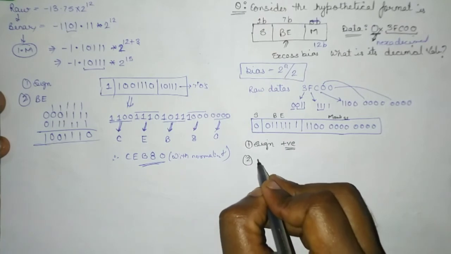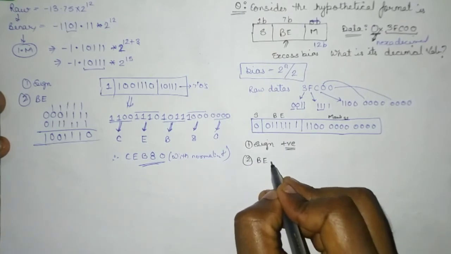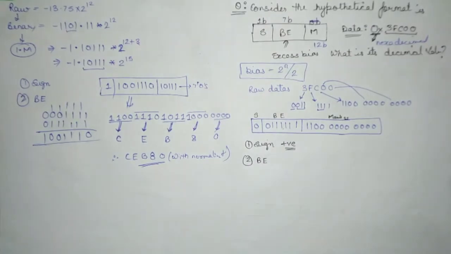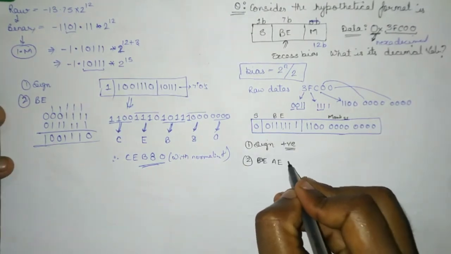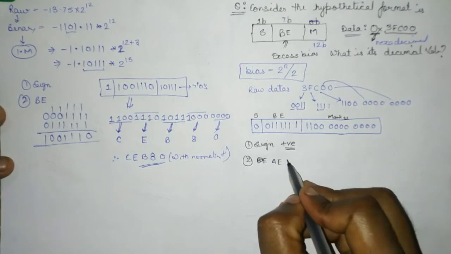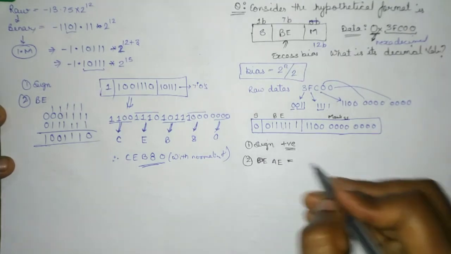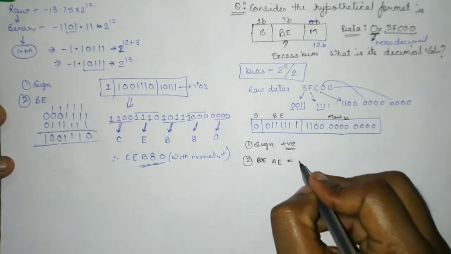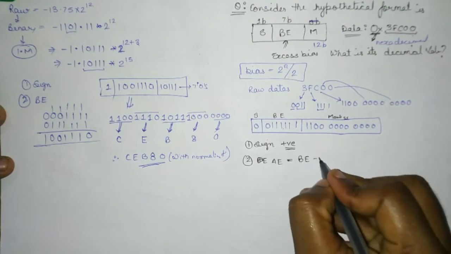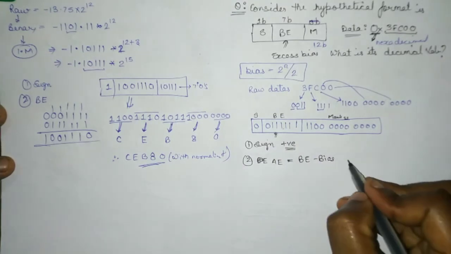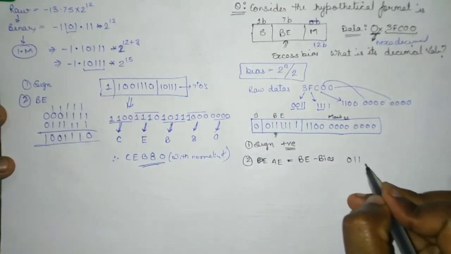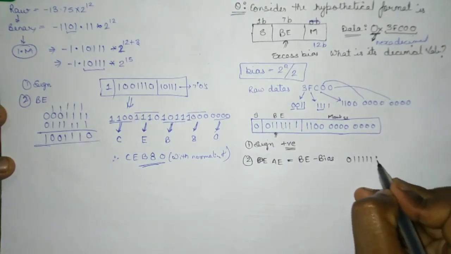Second is the biased exponent. We have to find out the actual exponent. To find out the actual exponent, let me write it down. It is equal to BE minus bias, and this BE is given. So BE is 0111111, right?